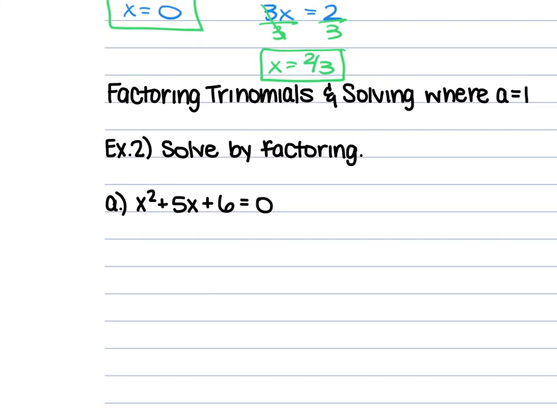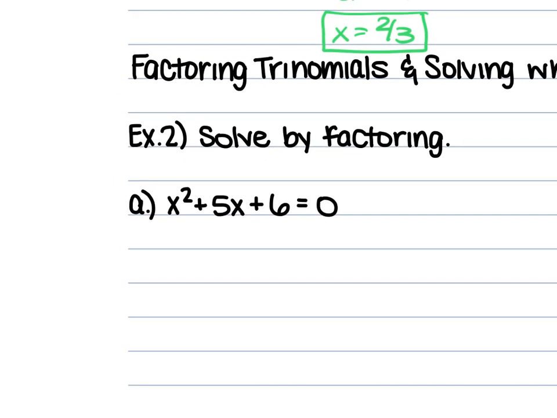Sometimes we're going to have to factor these. So with some of these, we're going to have to look at the trinomial and say, okay, can I factor out my c term to give me two numbers that are going to add up to be my b term? In this case, for example, a, x squared plus 5x plus 6 is equal to 0. So the 6 is 1 and 6. We also have 2 and 3. If they're both the same signs, the 2 plus 3 is going to give us that 5.